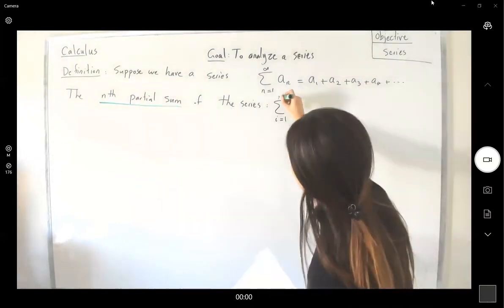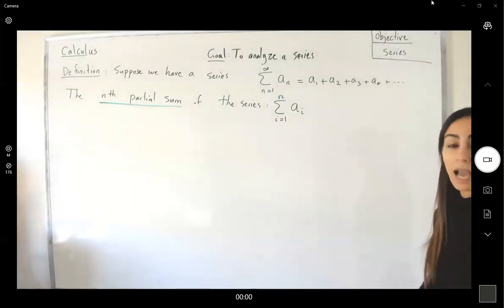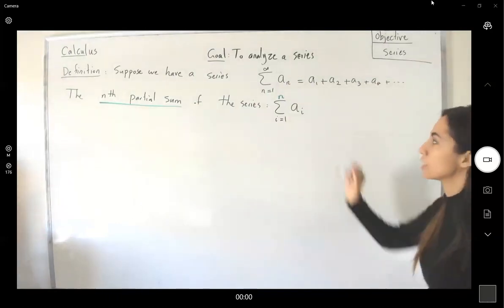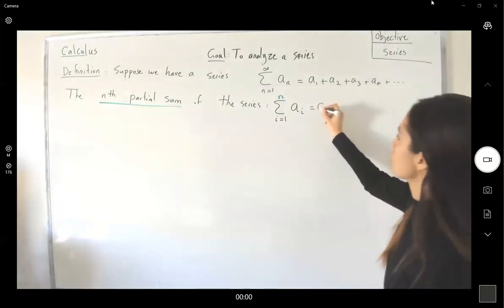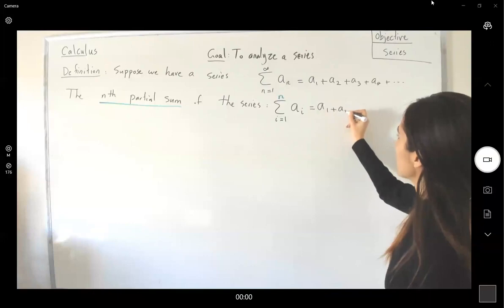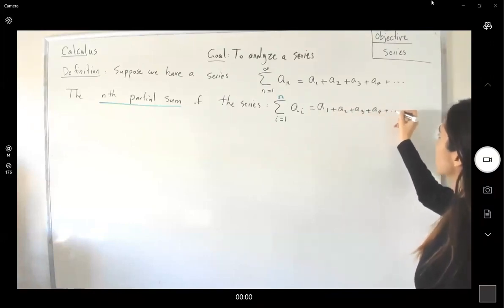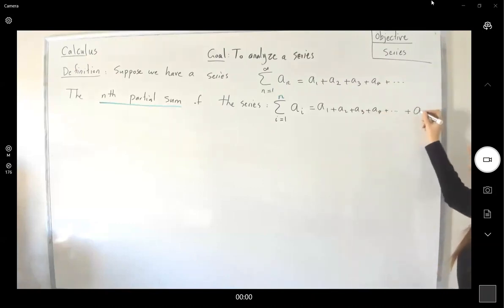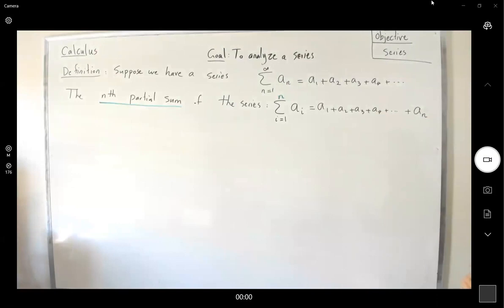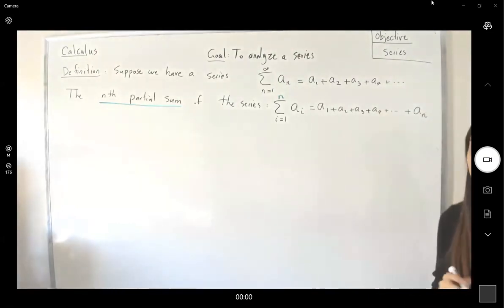So it means that we have to stop at some term. What term? A sub n, the nth term. So you have a sub 1 plus a sub 2 plus a sub 3 plus a sub 4 plus the rest of the terms, and we stop at a sub n. This is called the nth partial sum.